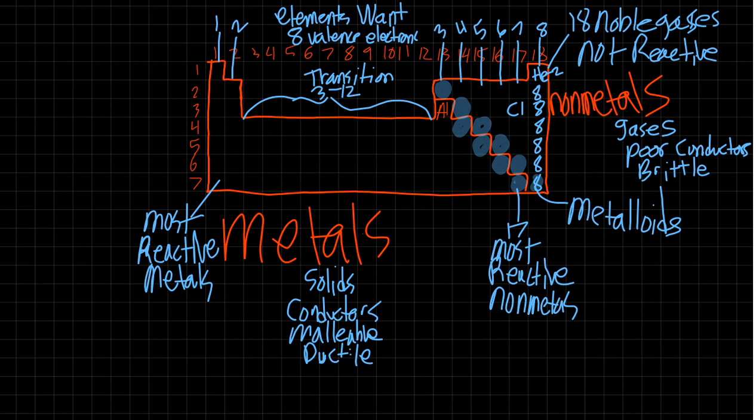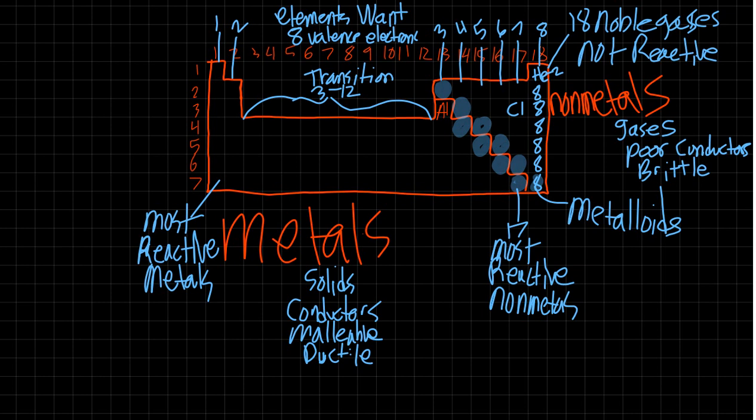So all the other elements want to be like a noble gas. If they can have 8 valence electrons, then they'll be like the noble gases. So what we got to figure out is which group will have just the right number of valence electrons that if they bond with chlorine, chlorine will have 8 valence electrons.